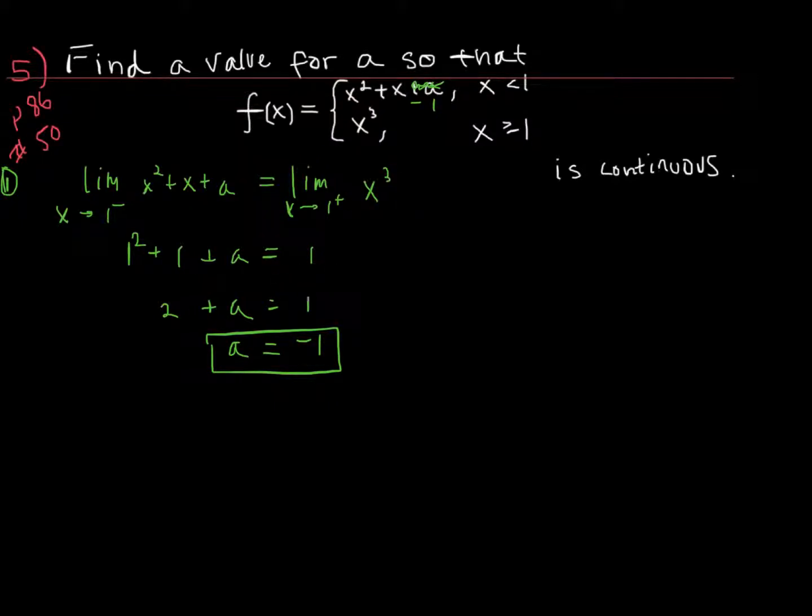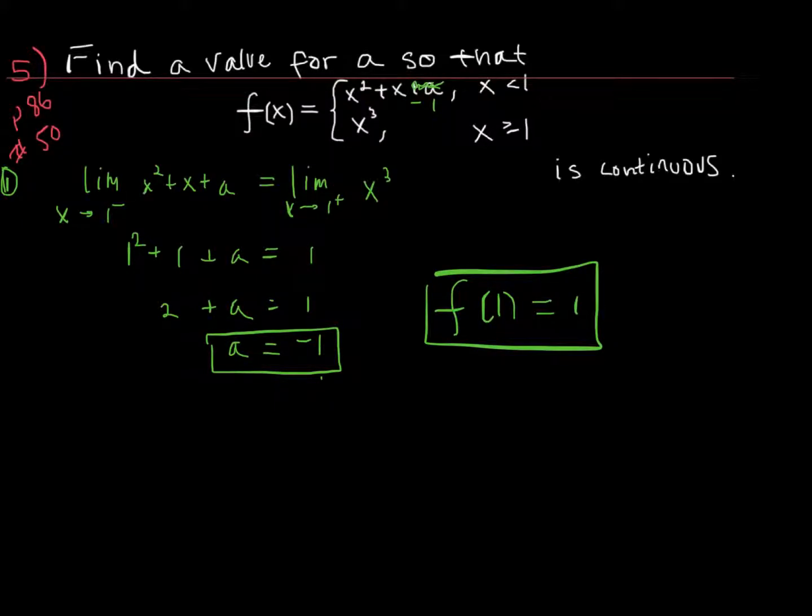This limit's equal to 1, and now if we were to take the limit over here, it'd also be equal to 1. So now we just need to check what happens at f if we plug in 1, and here we're using this definition because x is equal to 1, and of course x cubed is 1. So we're good.